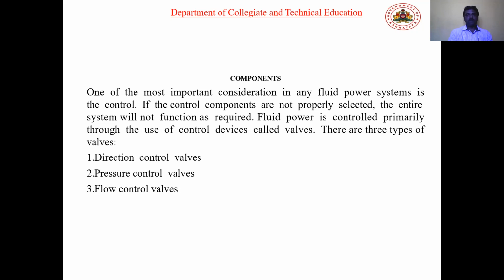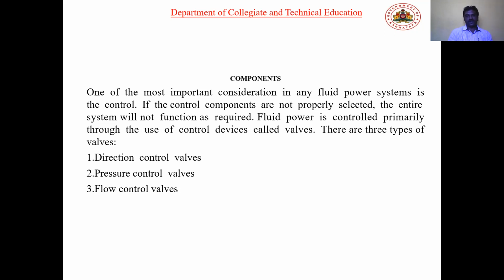Among these, the pressure relief valve is the most widely used valve, and the pressure reducing valve is also used, which reduces the pressure if the system pressure increases beyond a certain limit. So this is about pressure control valves which control the pressure.